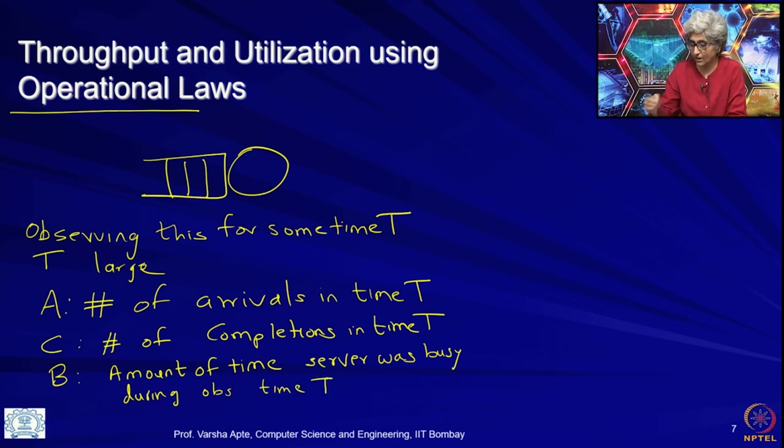So, suppose we were actually monitoring this queuing system and somebody measured all of these things. Somebody measured how many arrivals came, how many departures happened. So, these are numbers, not rates, and this is time.